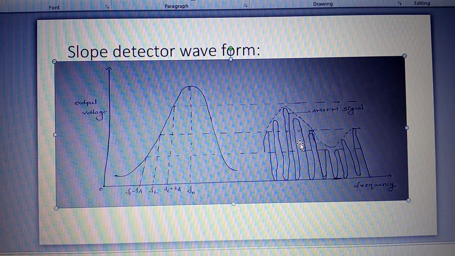If we give an input like this to the AM detector, we easily recover this envelope, and the modulating signal is separated from the FM modulated wave. So this is the method by which the slope detector detects an FM modulated wave. Since it operates on the slope of the curve, the circuit is called a slope detector.